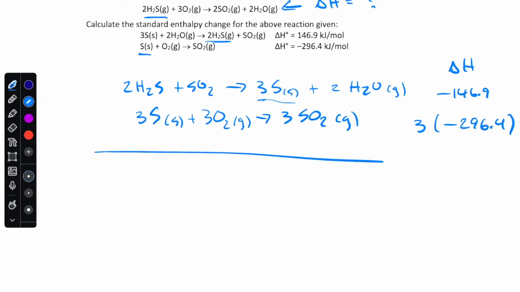If you add those together and start canceling stuff, the solids go. That cancels with one of that to leave 2. And what we end up with is the actual balanced reaction that we're trying to get to, which is good.